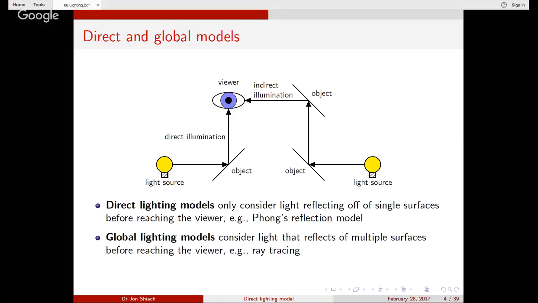Global lighting models are very expensive to calculate, so these tend to be used when you're pre-rendering something. For example, the Pixar films or any computer graphics films would use a global lighting model because it doesn't matter how long it takes.